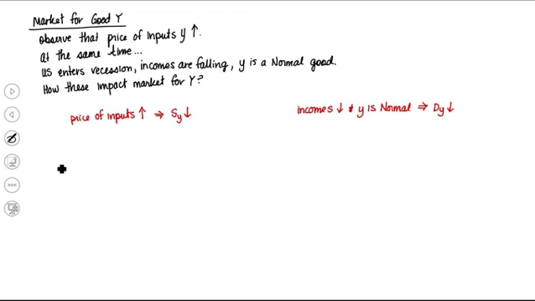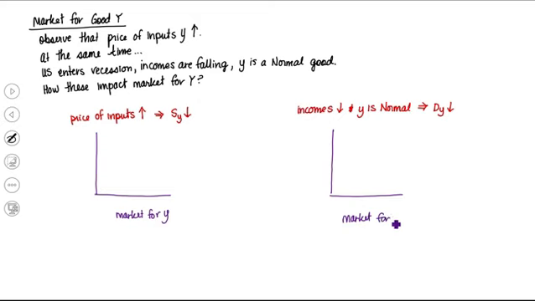So next, we need to draw our graphs. And remember, both of these are market for Y. So I'm going to label that market for Y and market for Y. All right, so put in your demand curves, put in your supply curve, equilibrium price, equilibrium quantity.